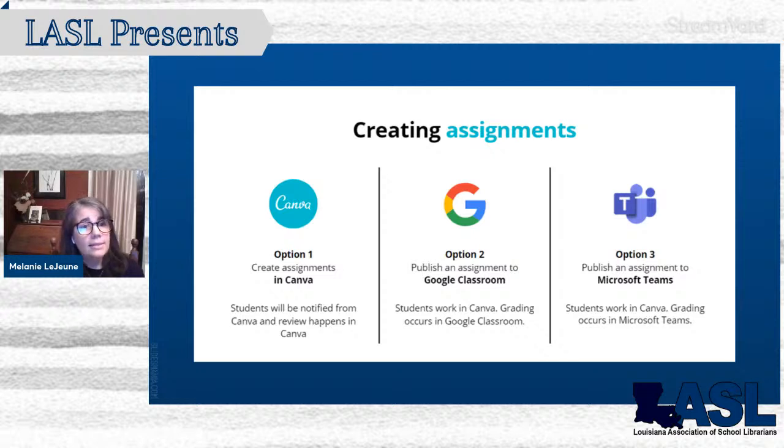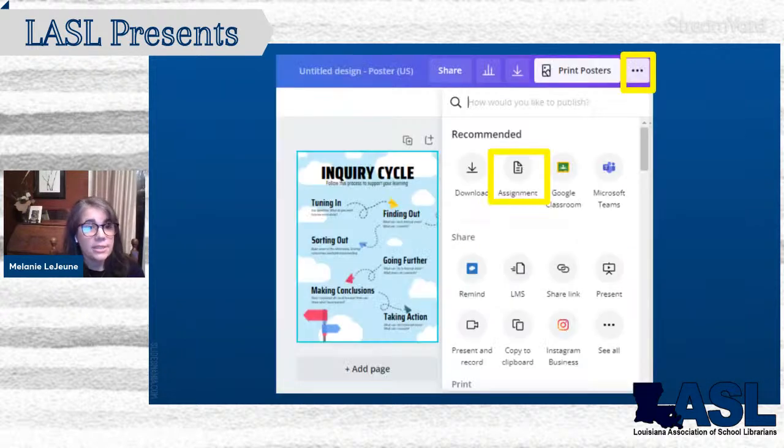And what happens is the student will get an email. So that's how I started off doing this process, because I wasn't quite sure how it all worked, and rather than just going through Teams, I just did it through Canva first.